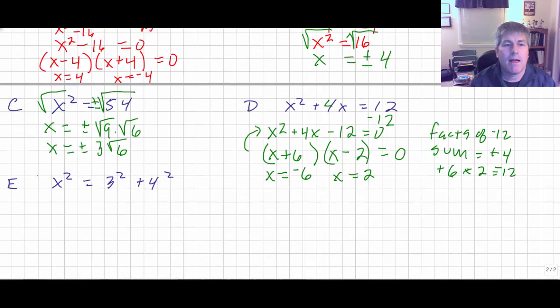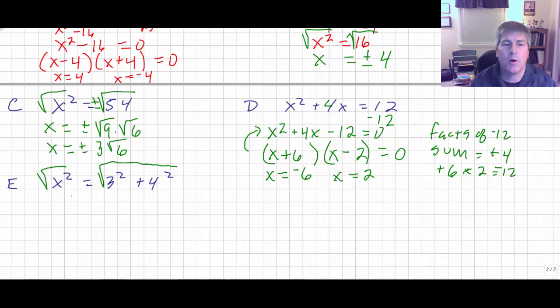Finally, I have x squared equals 3 squared plus 4 squared. The common thing to do here is just to take the square root of both sides. Well, we have to be careful here. What I've done is not really correct. What we need to do is take the square root of the entire side.